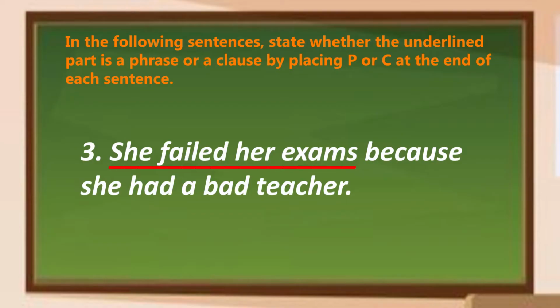Sentence 3. She failed her exams because she had a bad teacher. And the part of the sentence that is underlined reads, she failed her exams. Is this a phrase or a clause?